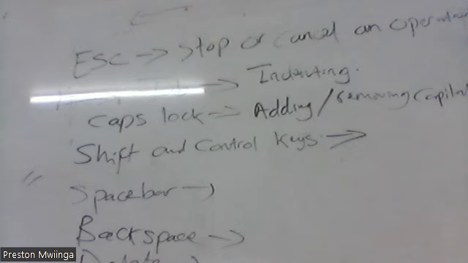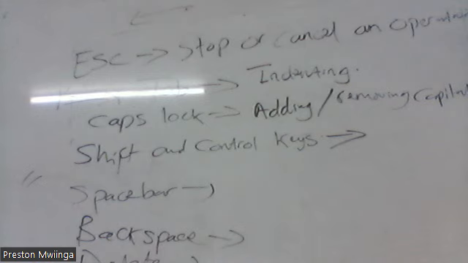Whereas the delete key will delete from the left to the right. So the delete key will be deleting from here. You need a simple demo? Or you know what I'm talking about? Okay.